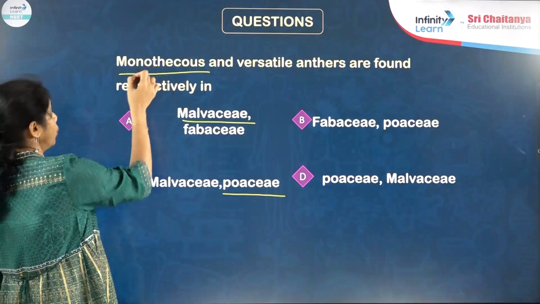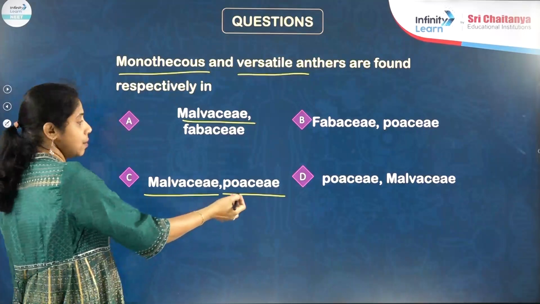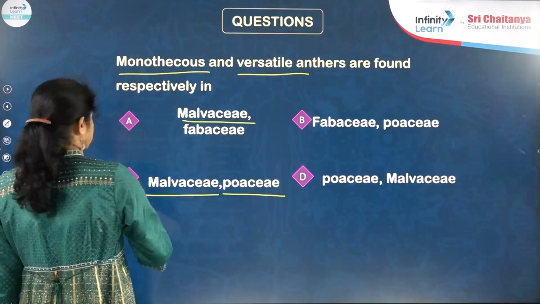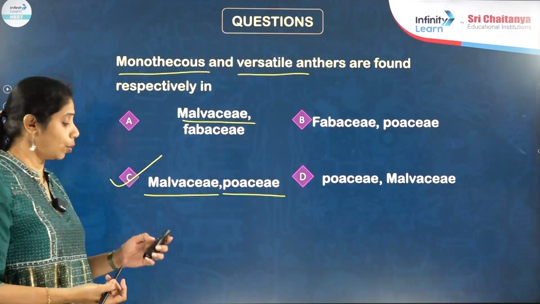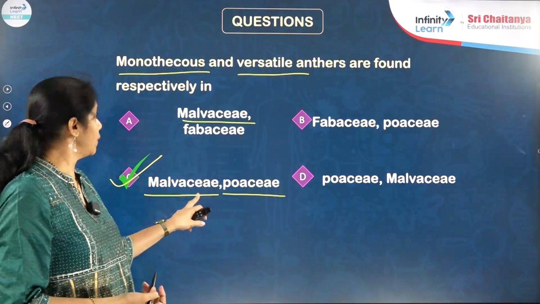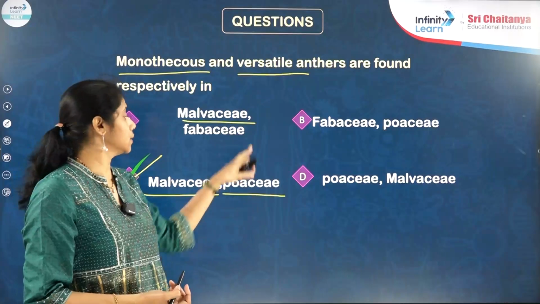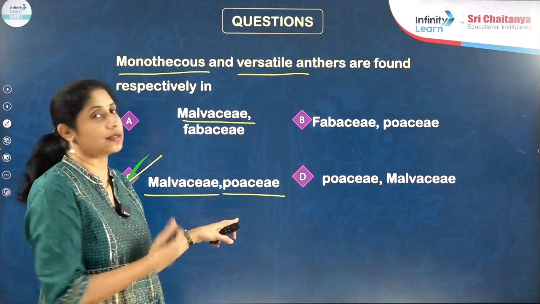For the first one, monothecous anthers, Malvaceae is correct. For the second, versatile anthers, Poaceae is correct. So the correct option will be Malvaceae and Poaceae respectively. In Malvaceae you see monothecous anthers, and versatile anthers you see in the stamens of Poaceae.